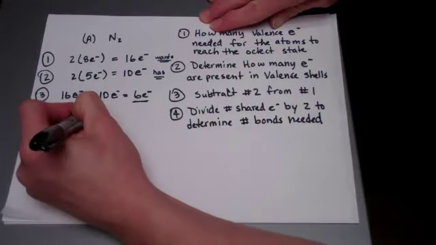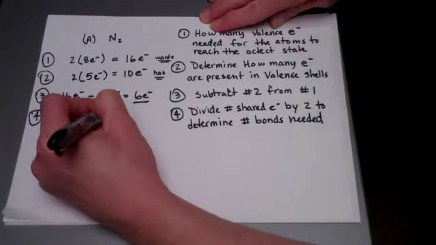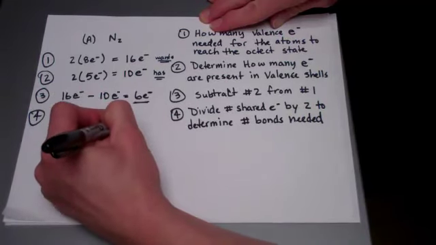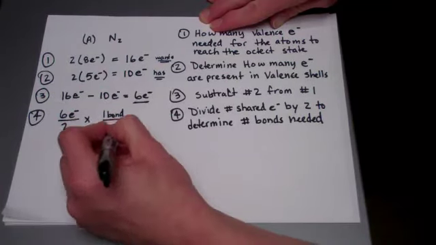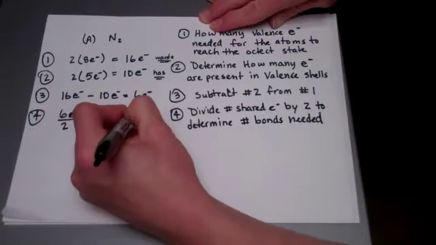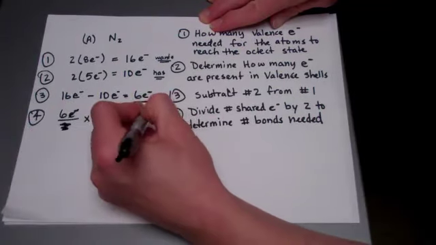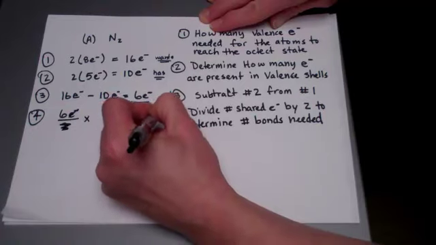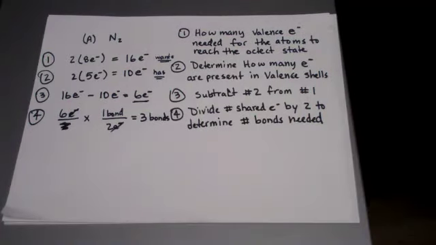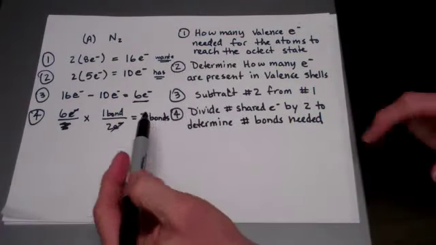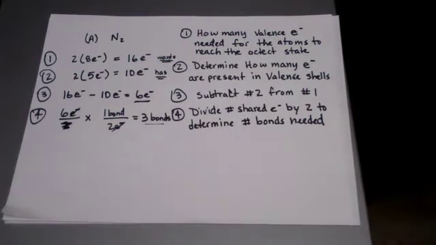We have 1 bond for every 2 electrons, so the electrons cancel out and we're left with just the number of bonds. Our molecule N2 is going to require 3 bonds.